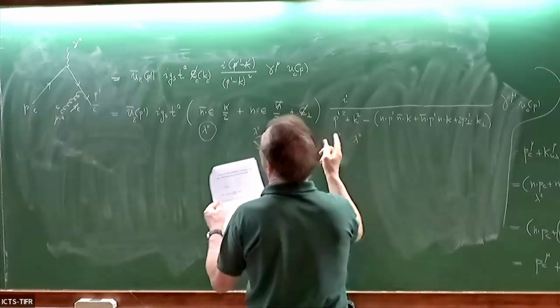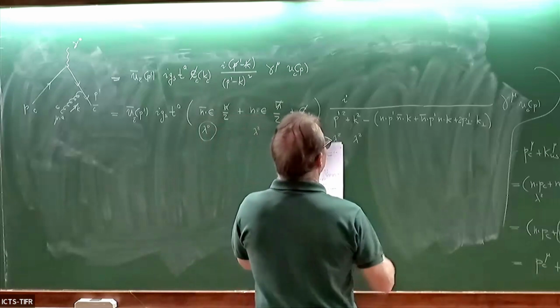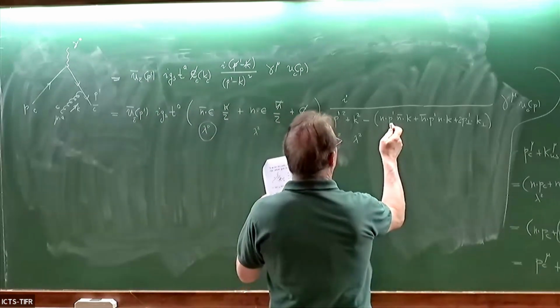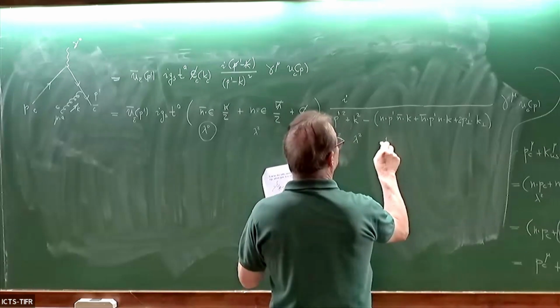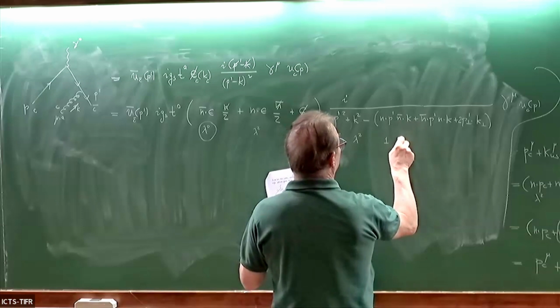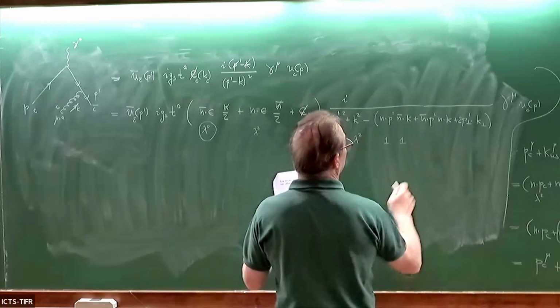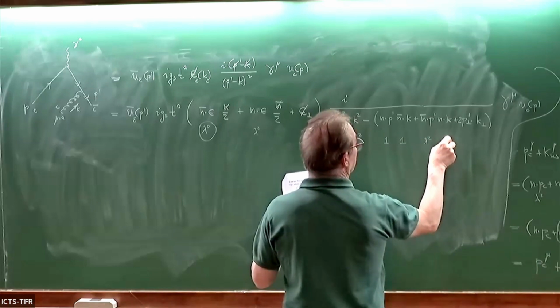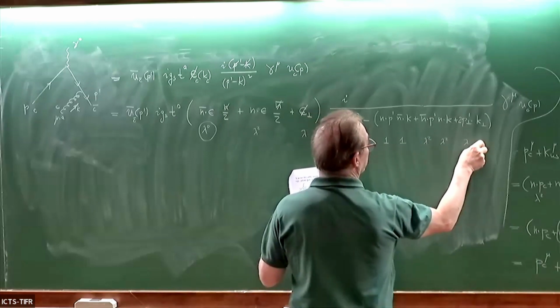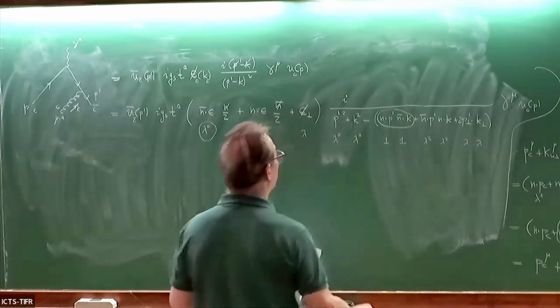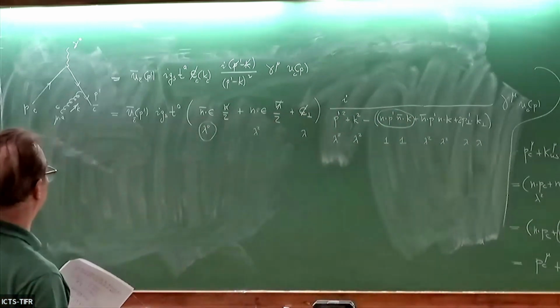For the anti-collinear momentum, the n dot P component is order 1. For the collinear gluon, the n dot K component is order 1. Whereas this is order lambda squared times lambda squared, and this is lambda times lambda. So it's this piece which is leading, and all the other pieces are subleading.